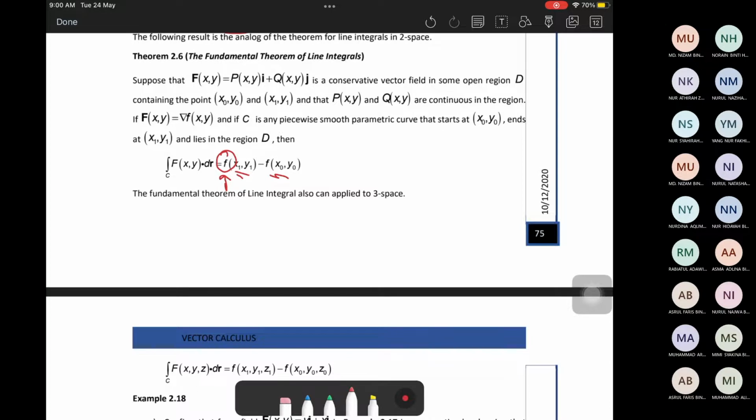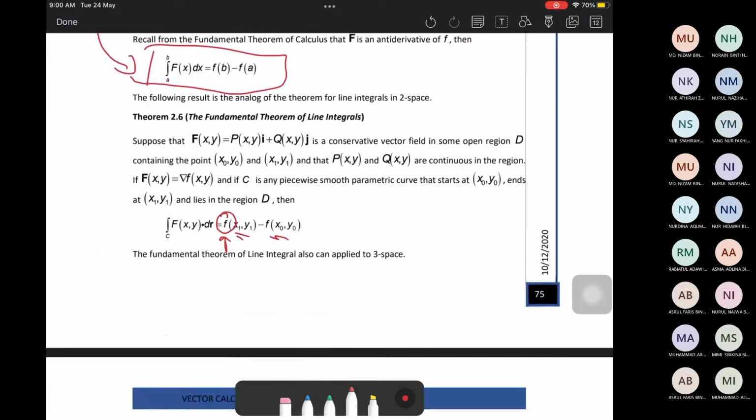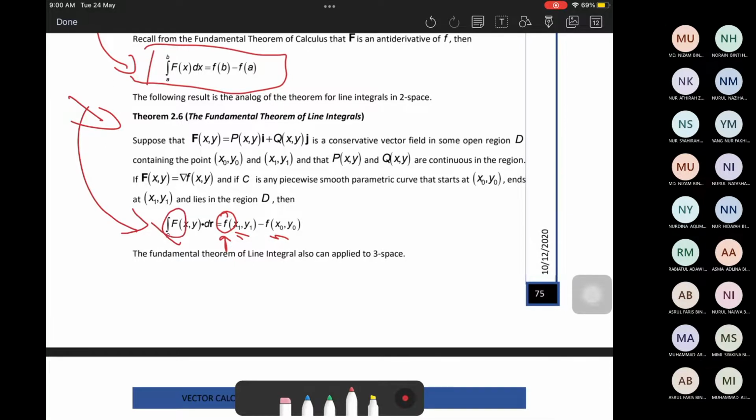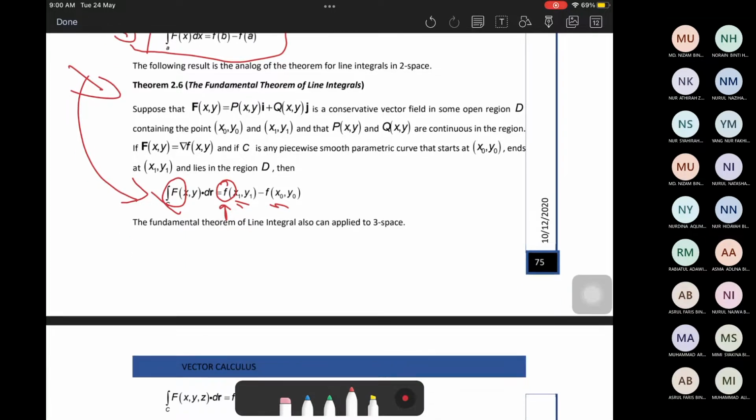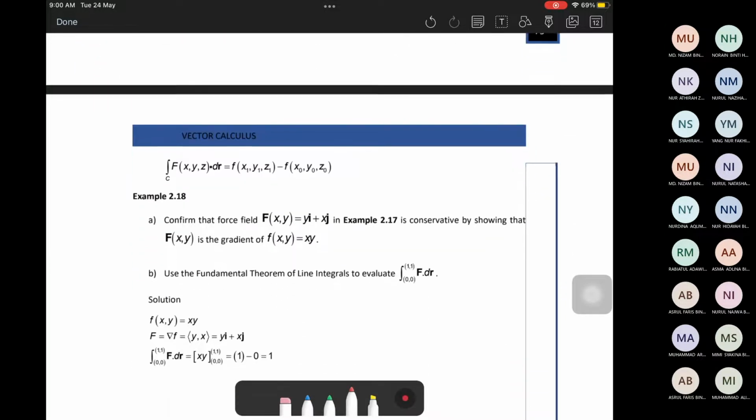So kita tak perlu lagi kita nak guna parametric equation panjang-panjang itu semua untuk mencari jawapan. Okay, dan ini saya katakan case kita boleh gunakan benda ini sekiranya f adalah konservatif. Okay, dia adalah konservatif. Okay, so the fundamental theorem of line integral also can be applied to 3 space.